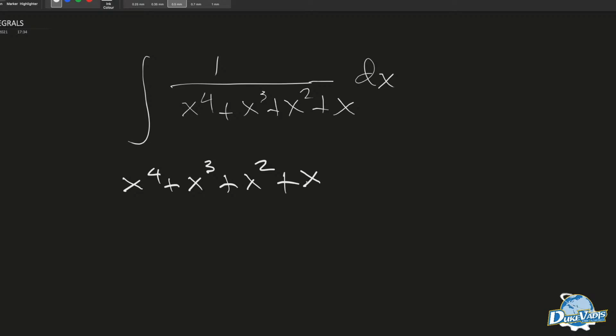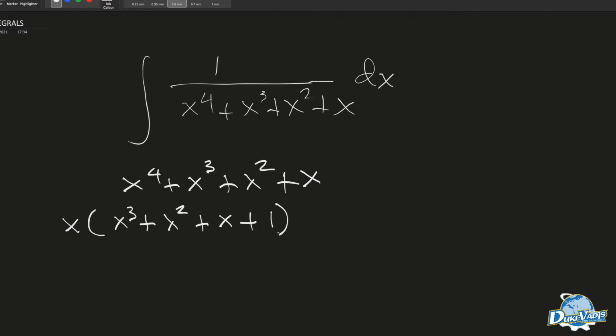And this, we can bring our x out. Let's break it bit by bit, and we have x cubed plus x squared plus x plus 1. That is looking good.